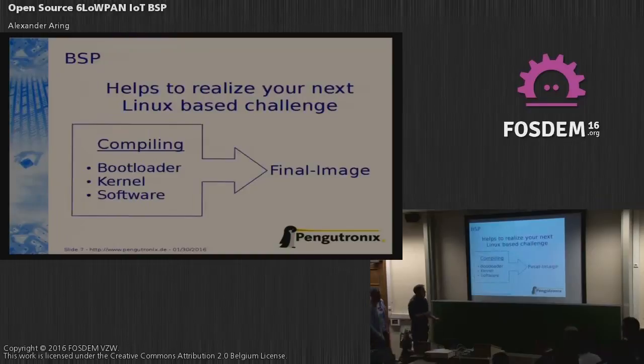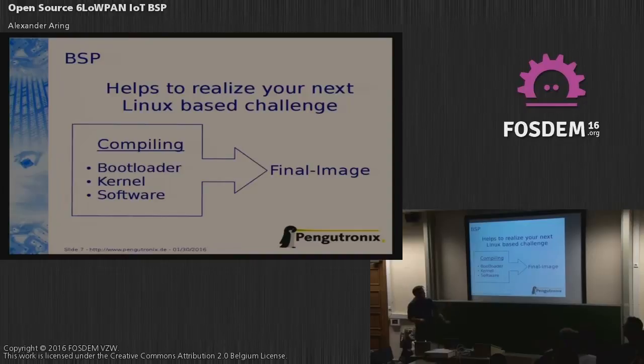And my Viva kit is a board support package. A board support package helps you realize your next Linux-based challenge. That means it does a lot of cross-compiling: the bootloader, the kernel, the user-space software, and at the end you have a final image. So you don't need to replace the running kernel of your Raspbian anymore.